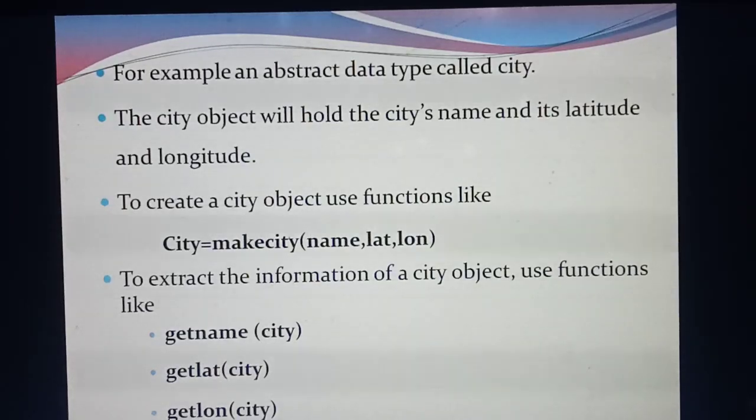What's the object name or data type name? City. See the example in bold letters I have shown: city equal to make city of name, comma, latitude, comma, longitude. Have you seen this line?